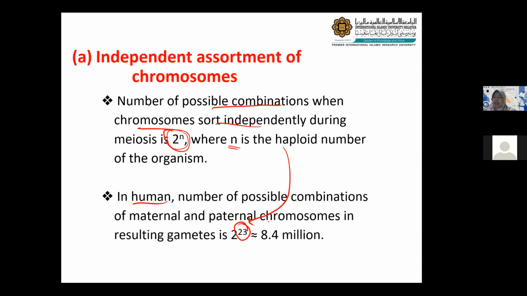So in humans, the number of possible combinations of maternal and paternal chromosomes, gabungan antara kromosom mak dengan ayah, can result in 8.4 million combinations. So that is due to independent assortment. Okay, if you can't remember what independent assortment is, remember you have homologous chromosomes.